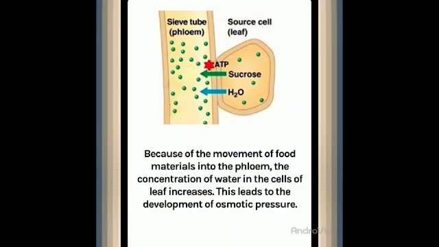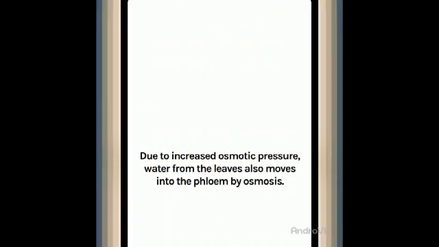Because the sucrose molecules increase in the sieve tube, while in the source cell sucrose concentration gets lower. You know that water molecules move from the higher concentration to the lower concentration. Water molecule higher concentration is found in the source cell, while in the sieve tube cell it is lower. So water moves from the source cell to the sieve tube. This process is called osmosis.